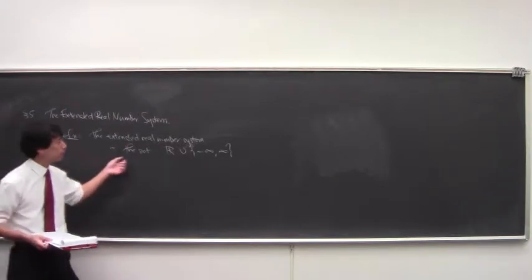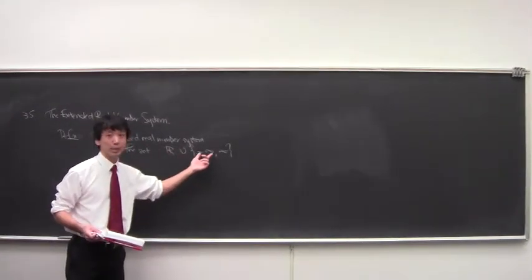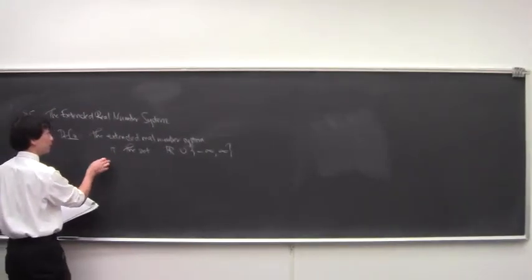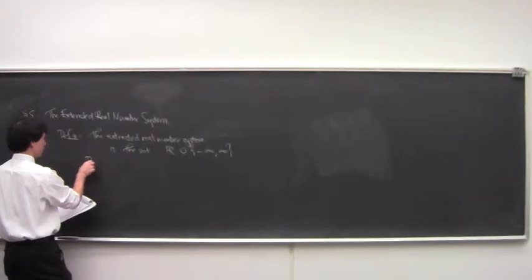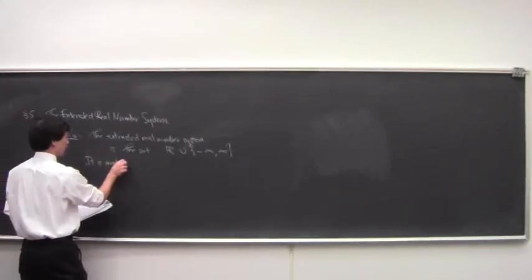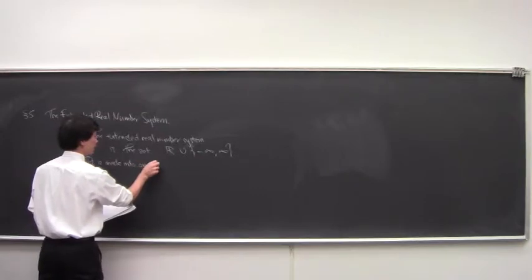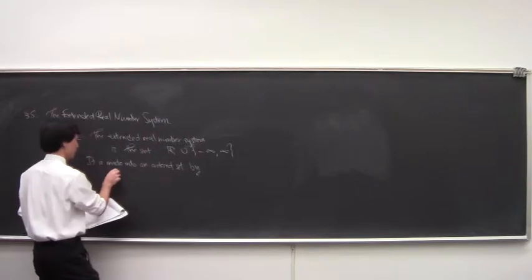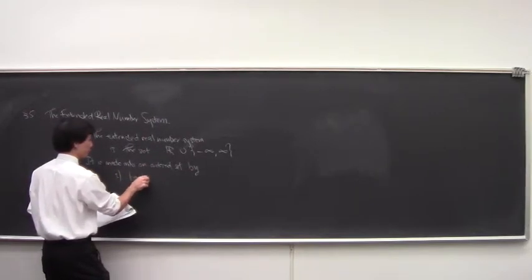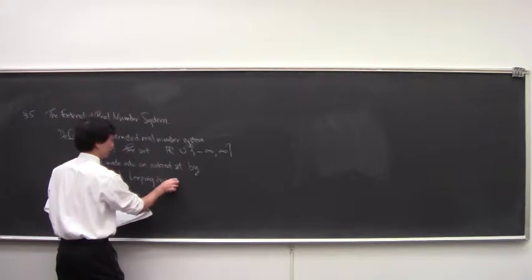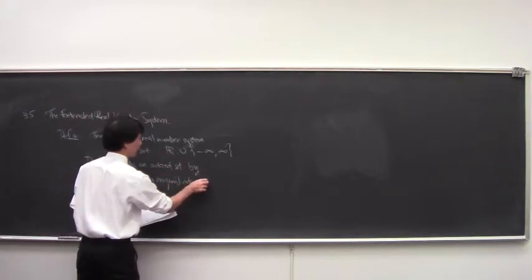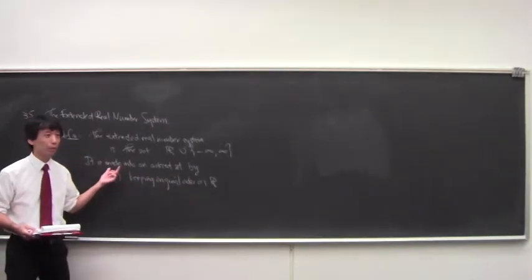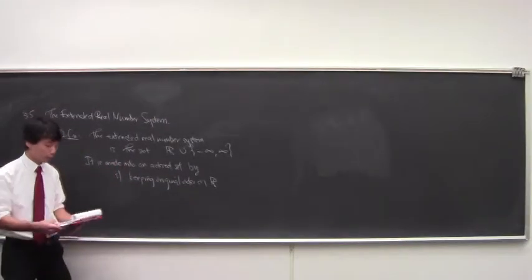So you take your real numbers and throw in these two symbols, negative infinity and positive infinity, and then you make it into an ordered set. It is made into an ordered set by, one, keeping the original order on R. If you're comparing any old-fashioned real numbers, you just use your normal order.